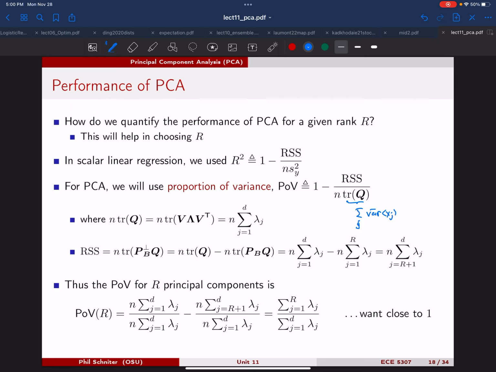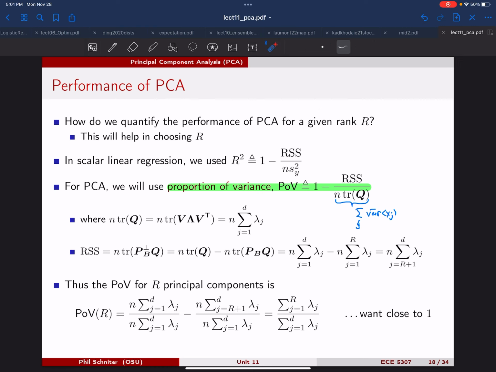So it's something very, very similar, and this includes the n. Here it's the total label variance, and here it's the total feature variance. But it's only a small difference. This is what we're going to use, proportion of variance. Just like with R squared, we want it to be close to 1.